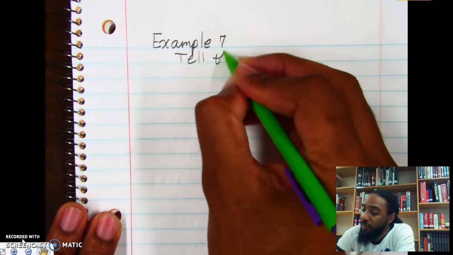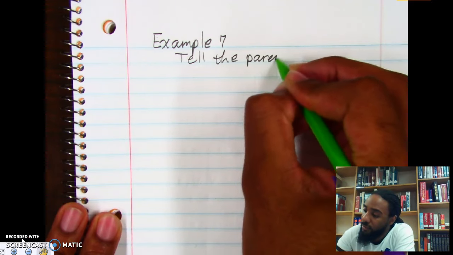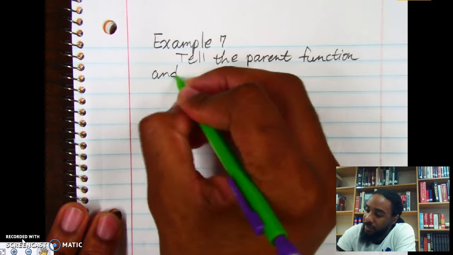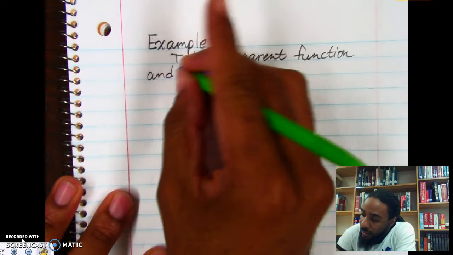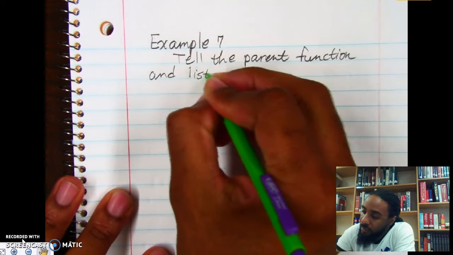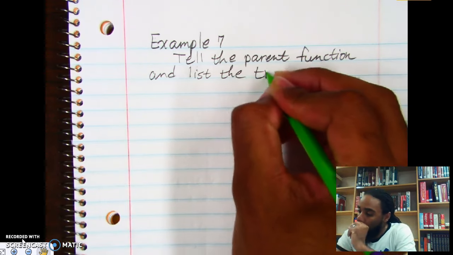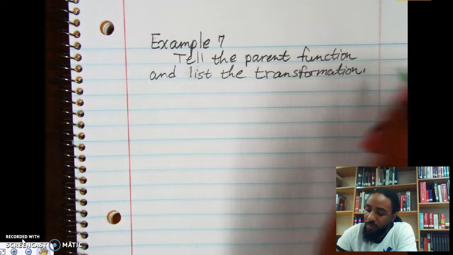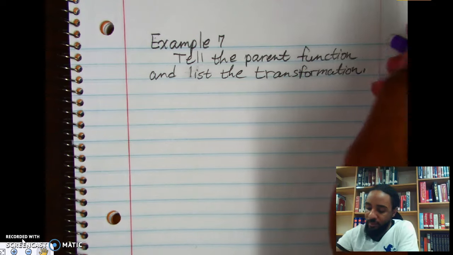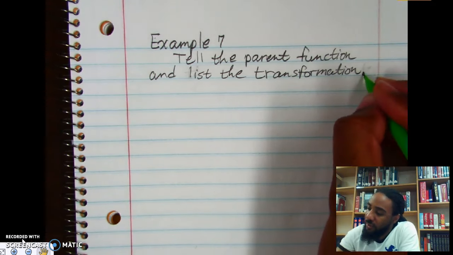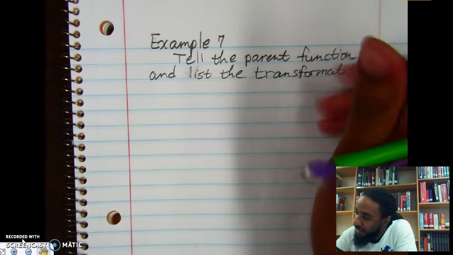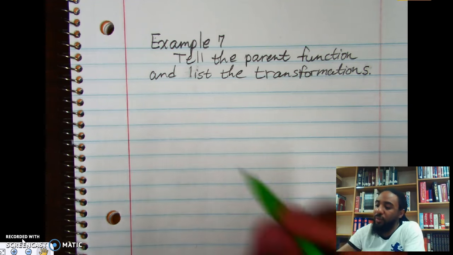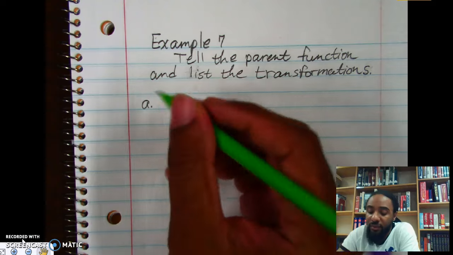So again, we're going to tell the parent function and list the transformations. So here, we're going to put the last two things we did with the A and the negative. We're going to put them both together.